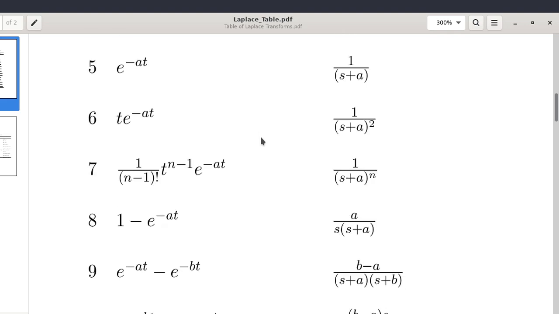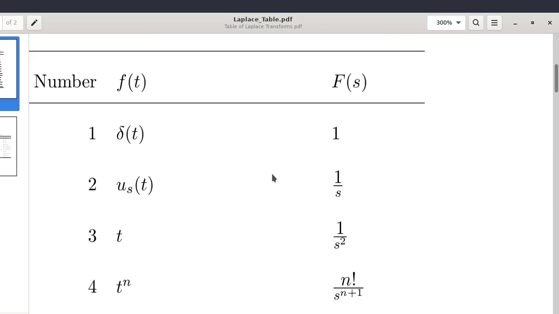Alright? So these are various Laplace transforms.